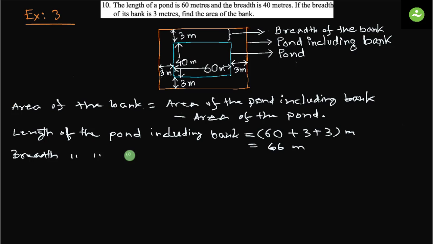Breadth of the pond including bank equals to, again similarly we add 3 meter to 40, 3 meter to 40 for both sides. 40 plus 3 meter equals to 46 meter.